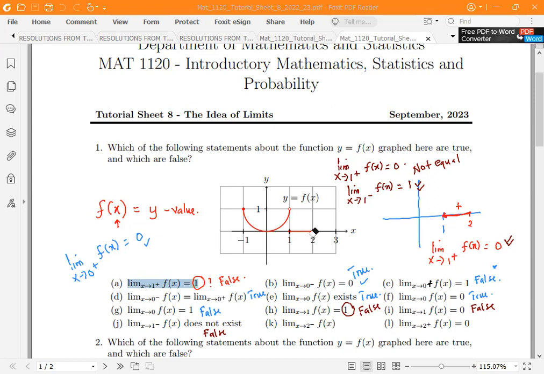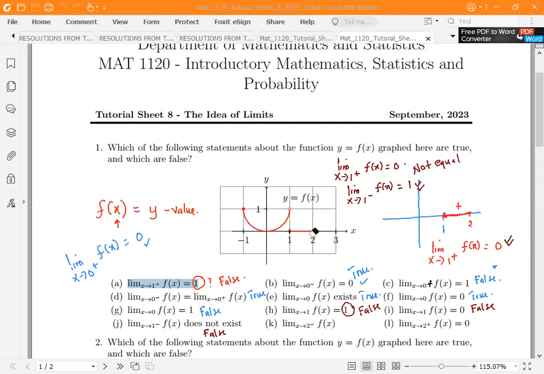No, it's not going down. It's flat. It's sitting on the x-axis. What's the y value on the x-axis? The y value is 0 at the x-axis.